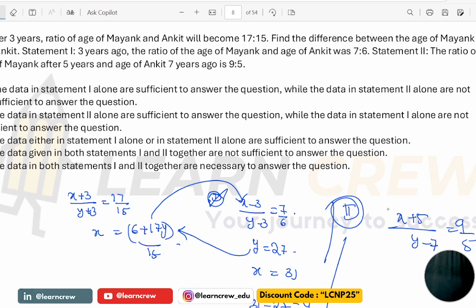So here, if you substitute the value of x, you will get here also y is equal to 27. You are going to get x is equal to 31. You are going to get 31 minus 27 is 4 as the answer. Done. So only one or only two would be enough.